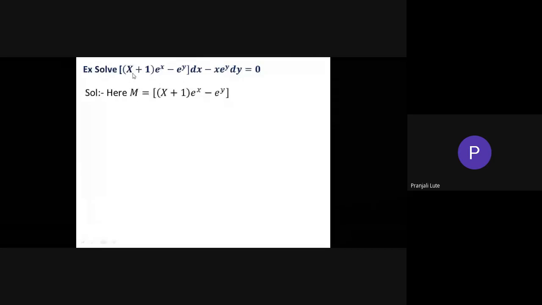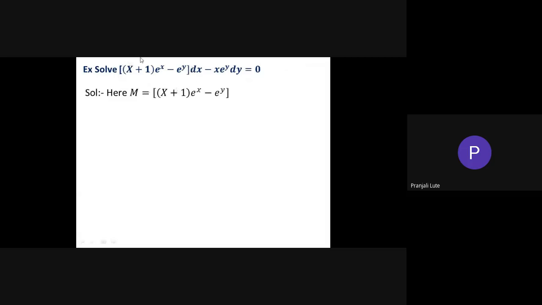See here, I already told you the form of the differential equation, M dx plus N dy. Compare here, M dx plus N dy. So M is (x plus 1) e to the power x minus e to the power y.